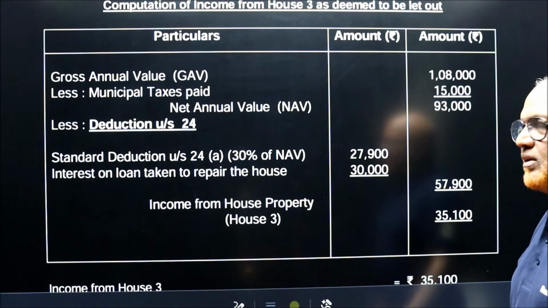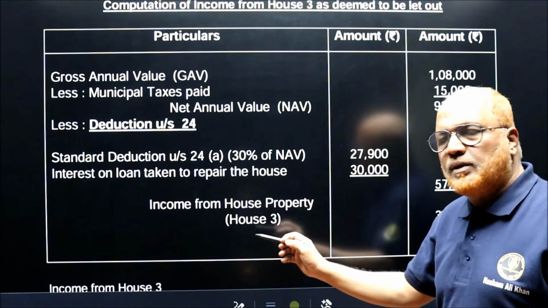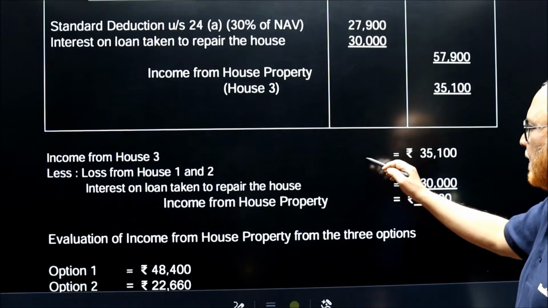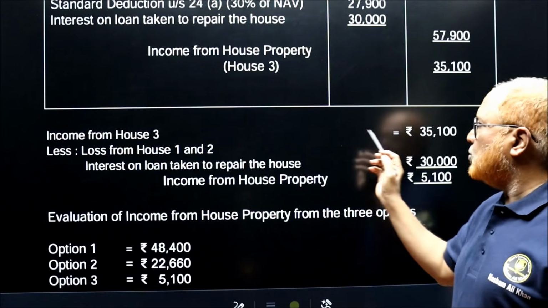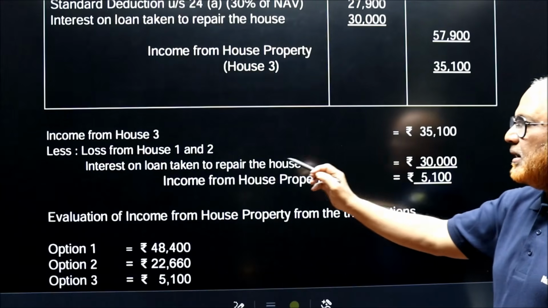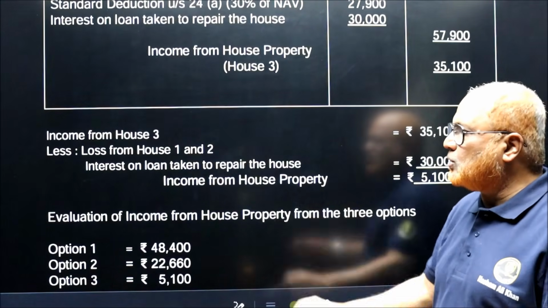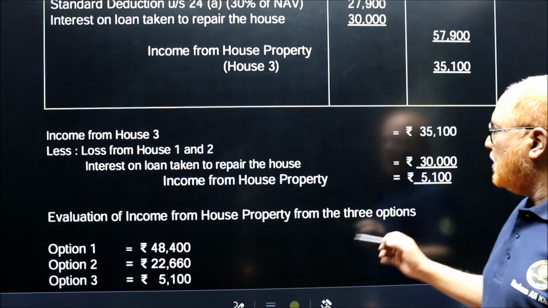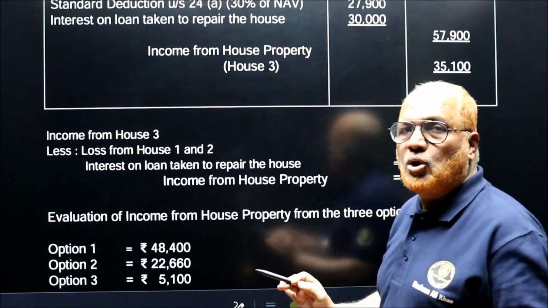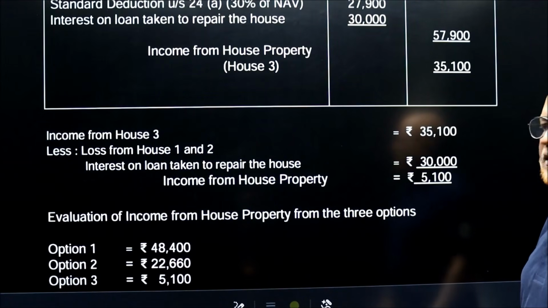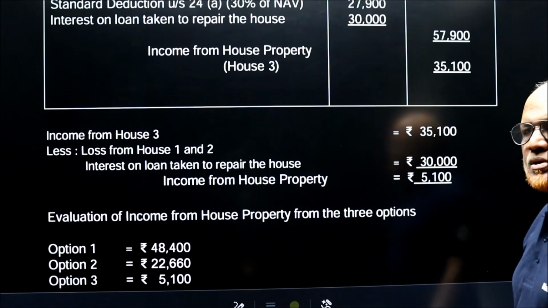So total 57,900. So income from deemed to be let out house is 35,100. Now, income from third house is 35,100 minus interest on loan taken to repair the house. Loss from first house and second house comes to maximum 30,000, not more than 30,000. So 5,100. Income from house property comes to 5,100.